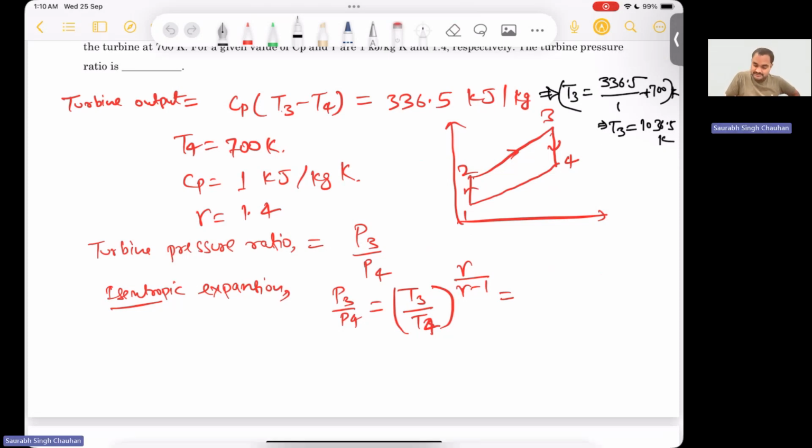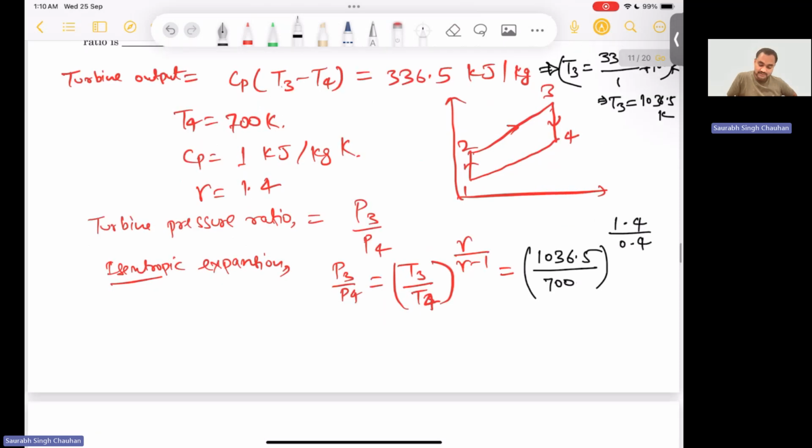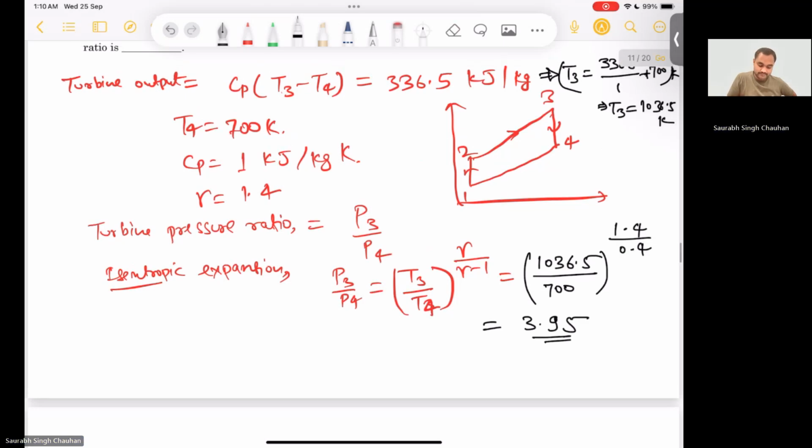So just substitute the values: 1036.5 divided by T4, which is 700 Kelvin, to the power gamma is 1.4 divided by 0.4. If you calculate this value, it will come out to be 3.95.